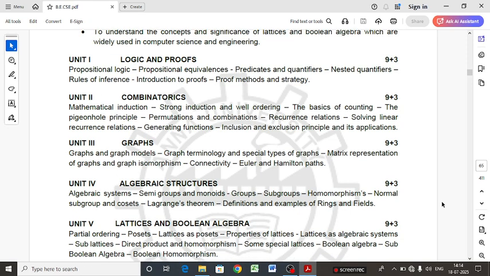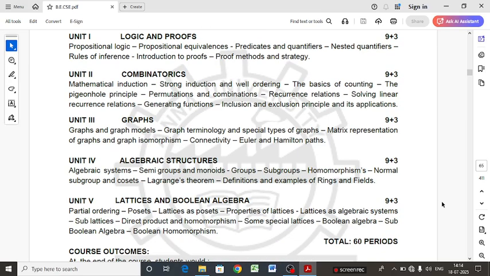Then the last unit, lattices and Boolean algebra. In this unit, we will cover 5 topics: lattices and their properties, Hasse diagrams, theorems based on lattices, Boolean algebra, and finally De Morgan's theorem.